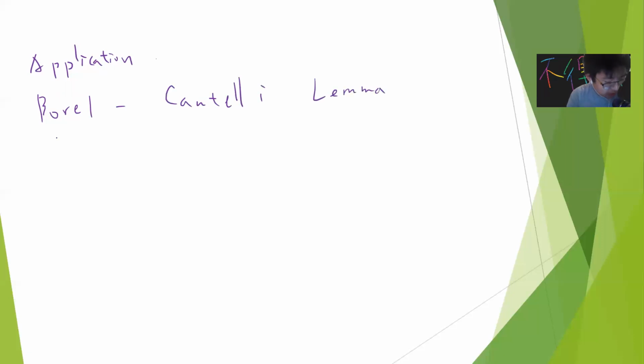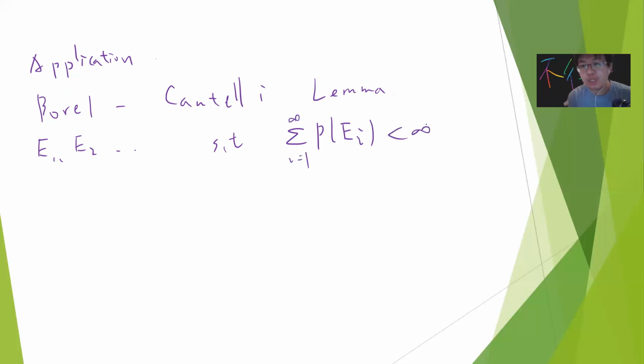The idea is that suppose you have E1, E2, and so on, a sequence of events, which can be independent or dependent, and suppose you take the sum of all their probabilities from 1 to infinity and it is less than infinity. This is a very powerful idea in probability theory: you take the sum of the probabilities of some events, and you can use it to bound things.